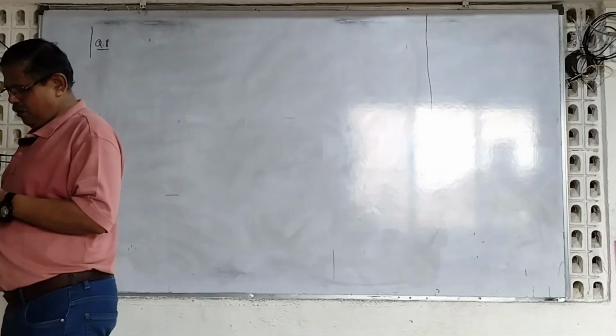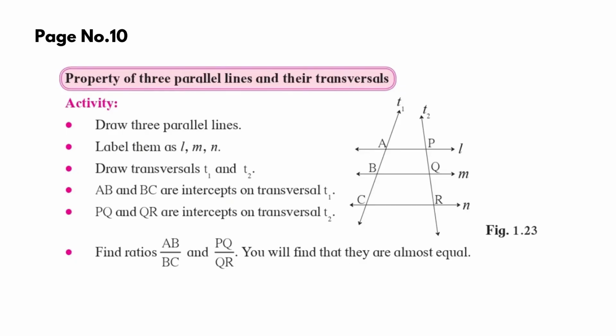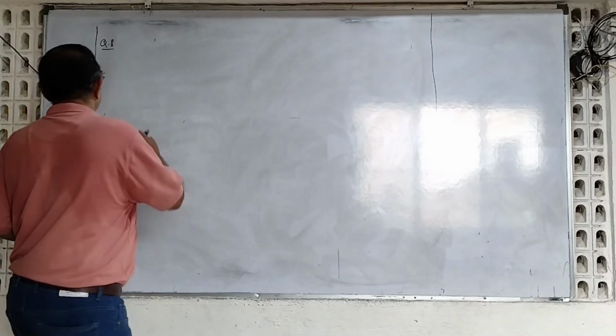Okay. So, now the second application of the basic proportionality theorem is the property of intercepts made by three parallel lines and their transversal. What is that?